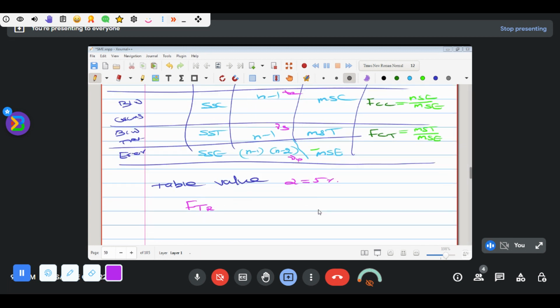Therefore, the first one is comma 1, comma 2, the degrees of freedom in rows. Then what is the FTR value? This is the first calculation.